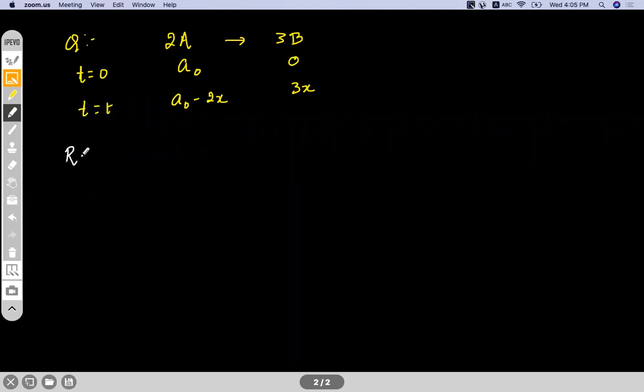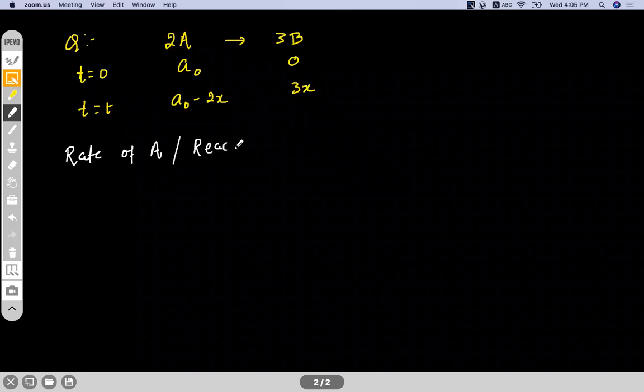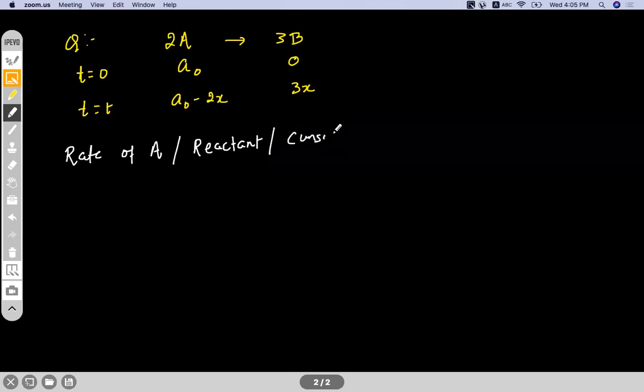The rate of A is nothing but the rate of disappearance of A, or rate of consumption of A. We can also write rate of reactant. That is the rate of consumption, and that is nothing but the rate of disappearance. All these things are the same, so anything you may have in the exam, all terms are the same.